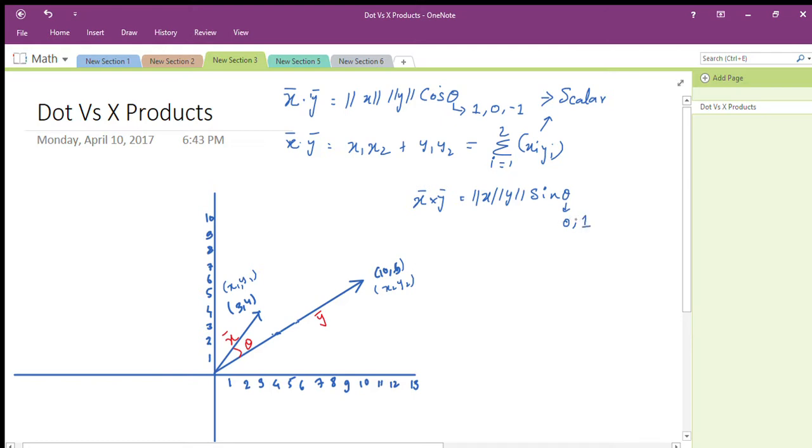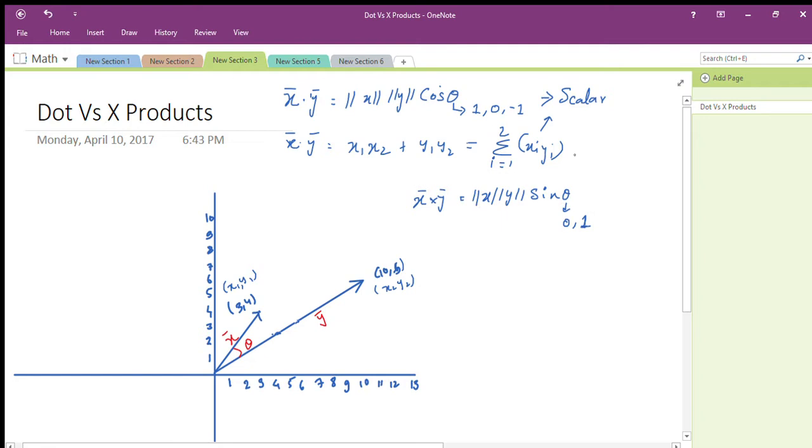So at the maximum value, when the vectors are perpendicular to each other, you get the maximum value. So the intuition behind the cross product is how perpendicular these two vectors are to each other, right? So if you get 0 as the value of your cross product, then you know that these two vectors may actually be parallel. And if you get 1 in your dot product, you will know the same thing, that these two vectors are parallel. I don't know if I'm confusing you more than needed, but yeah.